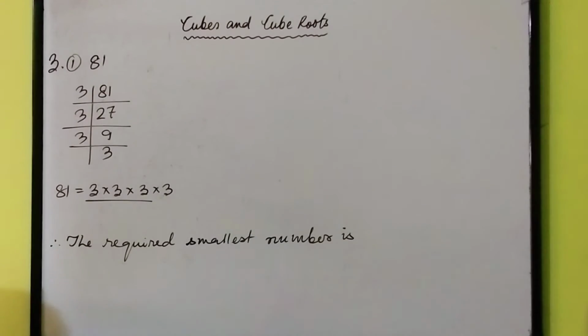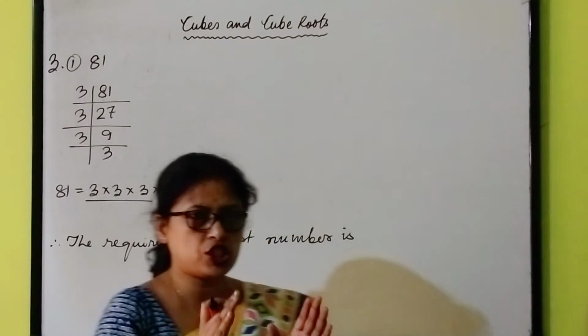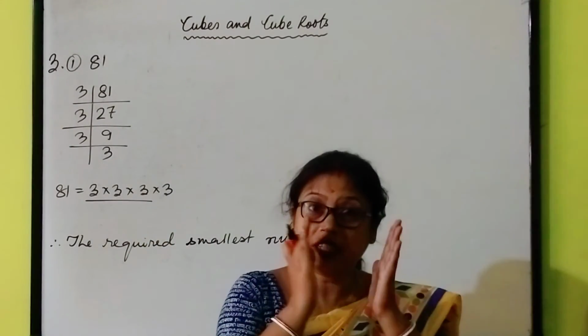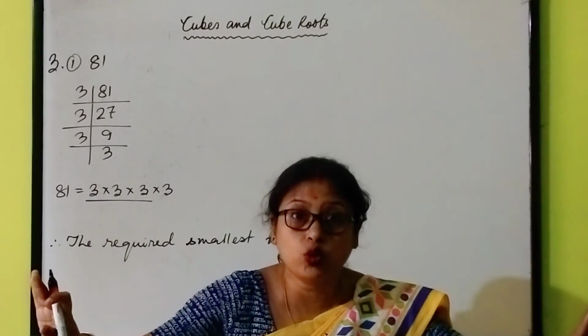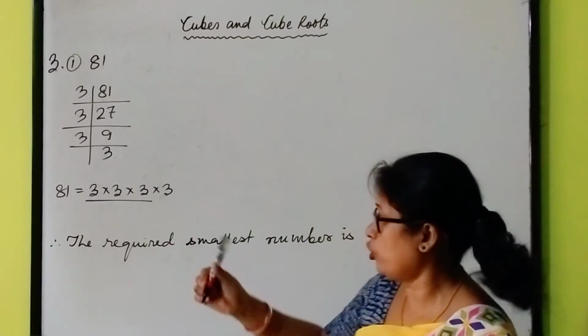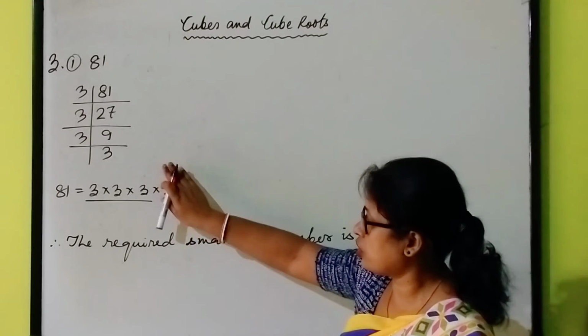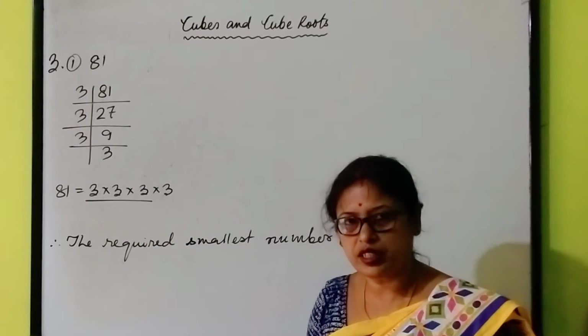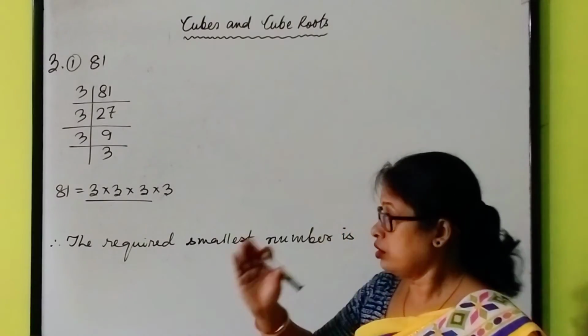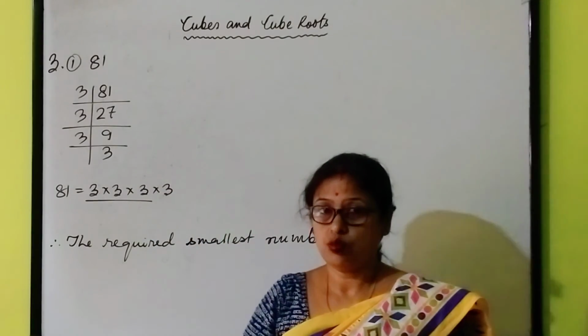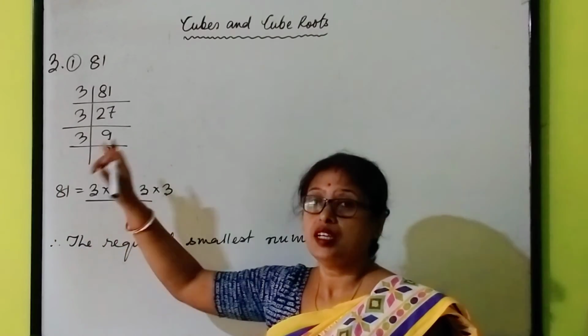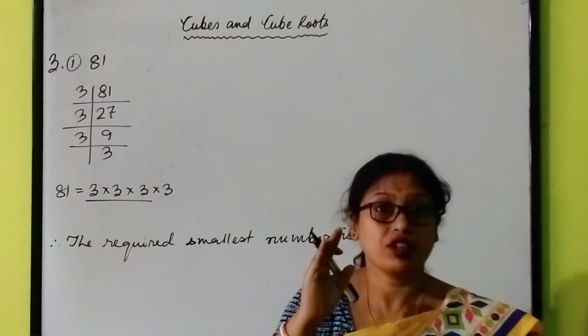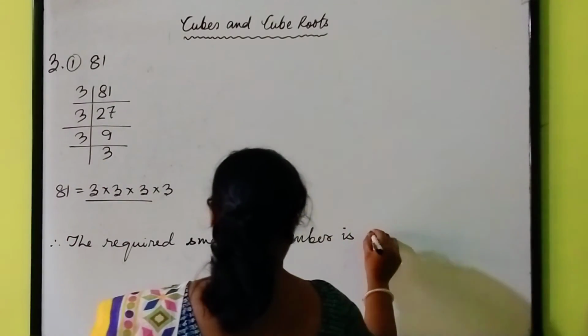Regarding multiplication, you have to include. Regarding division, you have to exclude. Remember it. So if you divide this by 3, these 3 will get cancelled. Automatically, it forms a triplet. That means 3 is the smallest number by which if you divide 81, it will become a perfect cube.